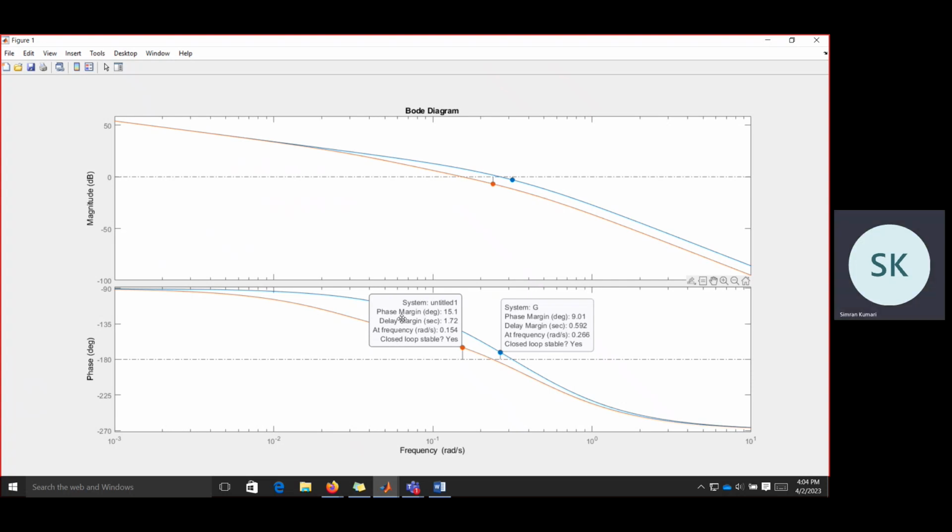We can see, because of this decrease in this value, because this lag compensator attenuates the gain, because of that it is not achieving that much phase margin.